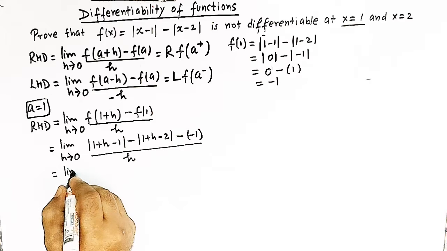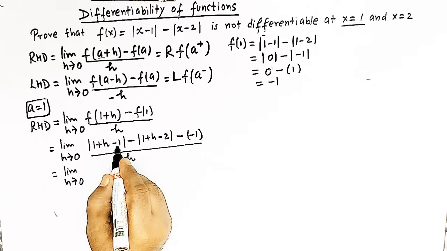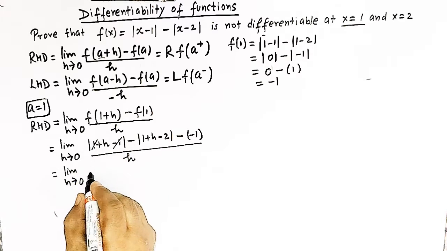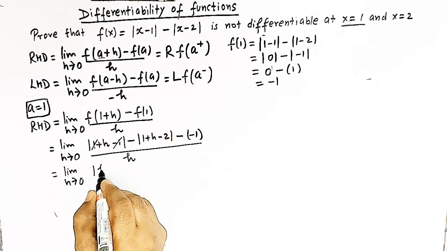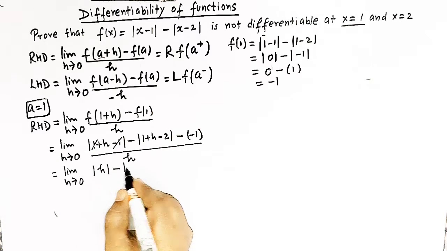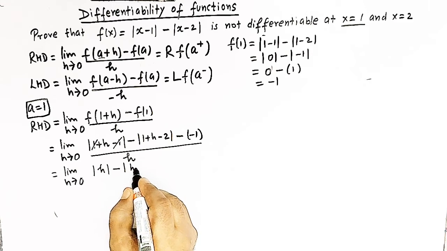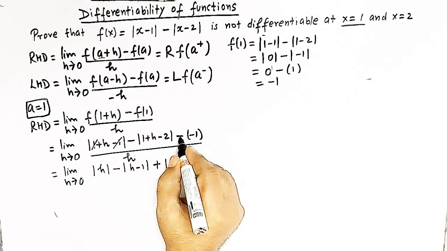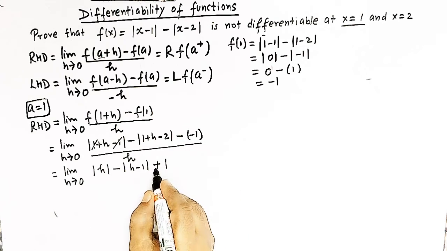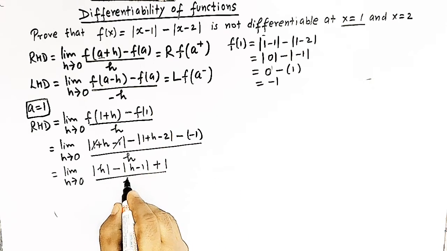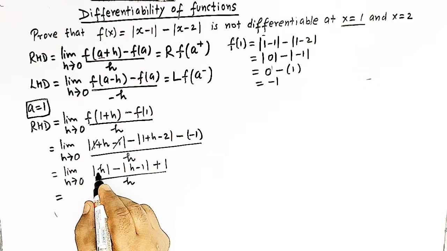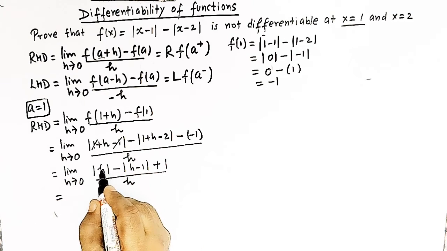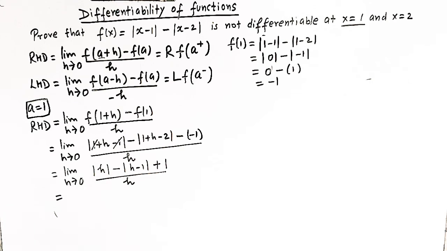So now we have limit h tends to 0, and here 1 and 1 get cancelled. We have mod of h, then here we have minus mod of h minus 1, and here we have plus 1. Minus and minus multiplied together give us positive, and here we have h, right? Now see, we have just said that h is infinitesimally very small, and h is a positive quantity.